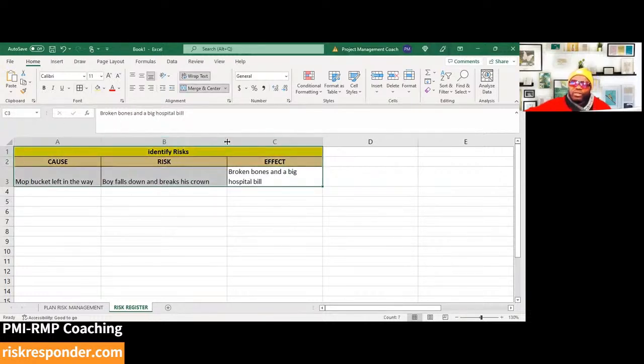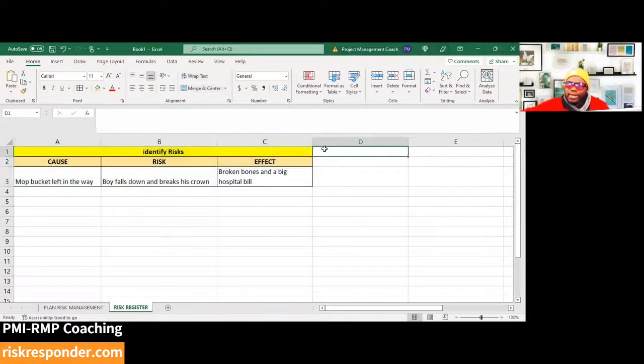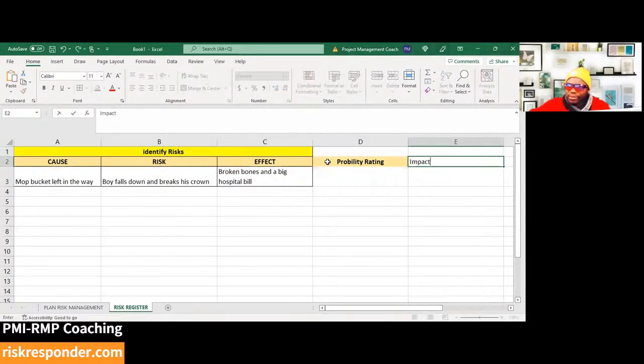Okay, when you're done with this, you need to now do the analysis. So you're going to ask, what is the probability rating? And what is the impact rating? And you could say the probability rating on a scale of 1 to 5, for example, impact rating on a scale of 1 to 5, for example.